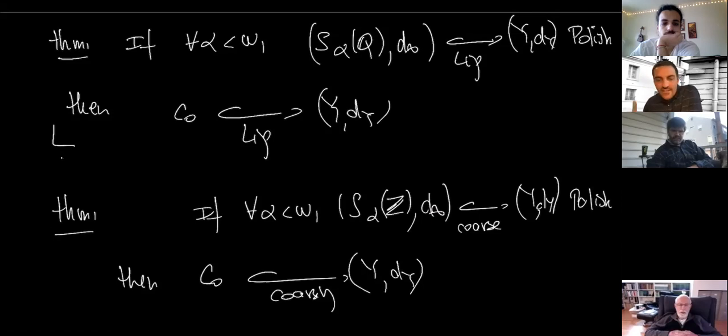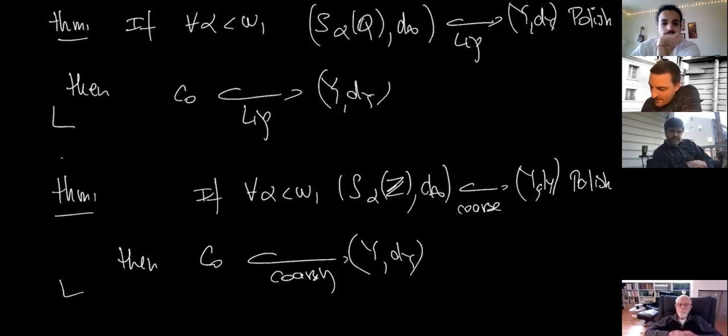I don't know if this is true in general. To prove this theorem, we need extra set-theoretic axioms: Martin's axiom plus the negation of the continuum hypothesis. I'm not going to tell you right now why we need that.